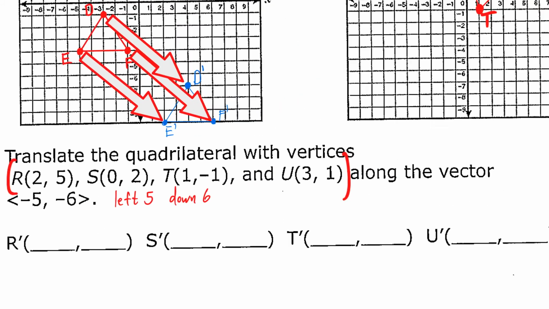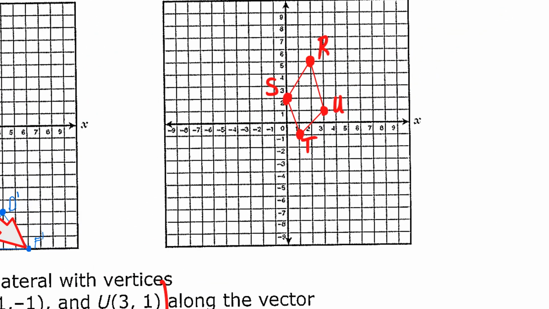Okay, so every point up here is going to move 5 to the left, so it's going to go 1, 2, 3, 4, 5, and down 1, 2, 3, 4, 5, 6. So that point's going to be right there. 1, 2, 3, 4, 5. 1, 2, 3, 4, 5, 6.